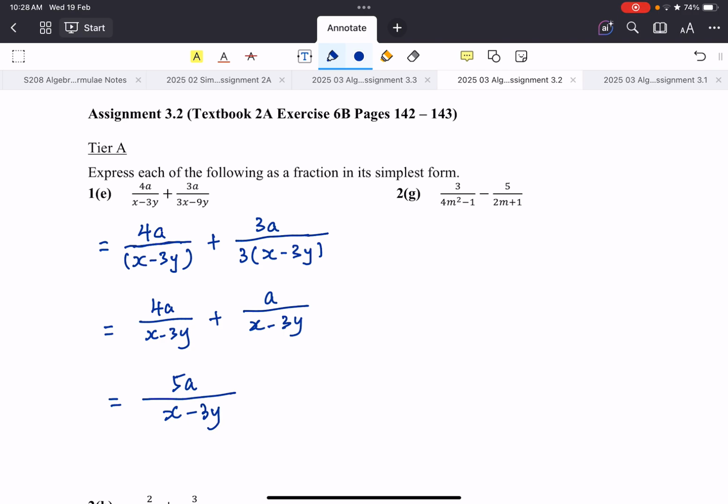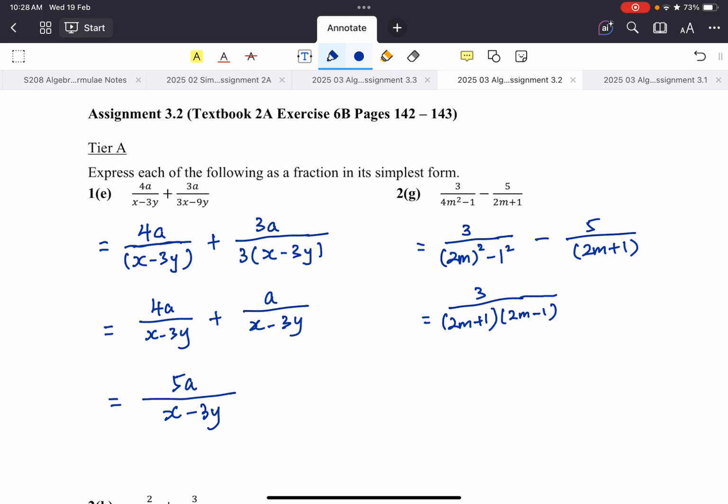Now, next example, same idea. Let's try to make the denominator common. In this case, the denominator is 4m squared minus 1, which factorizes as (2m minus 1)(2m plus 1). So that will give us 3 over 2m plus 1 minus 5 over 2m minus 1. To make the denominator common, for the second term I need to multiply 2m minus 1 to the numerator and denominator.